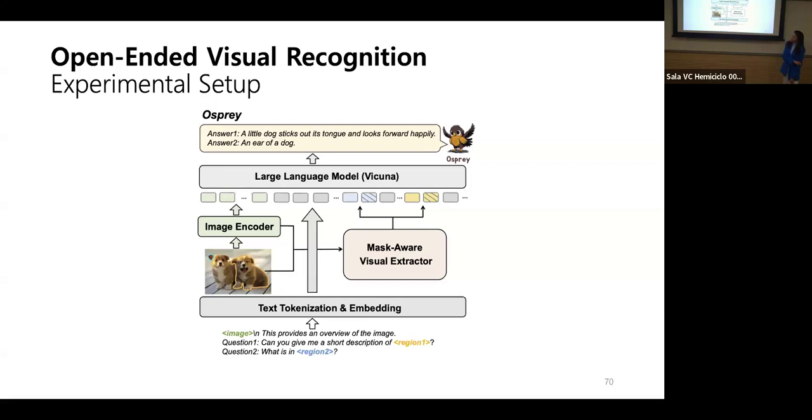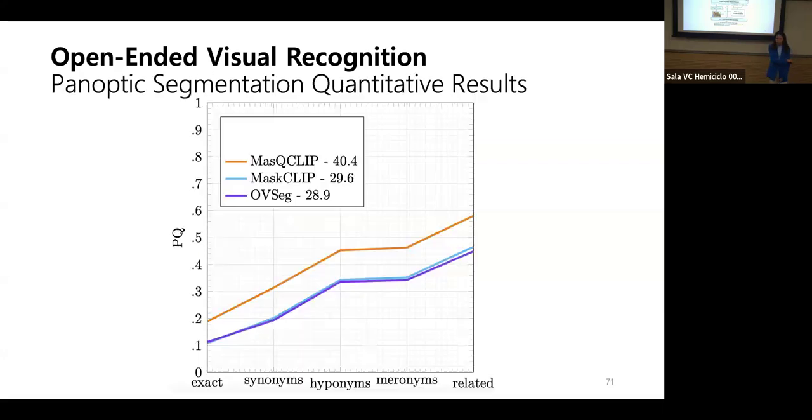Finally, we compare it to Osprey, which is a multimodal LLM that is trained for generating descriptions for masks associated to an image.